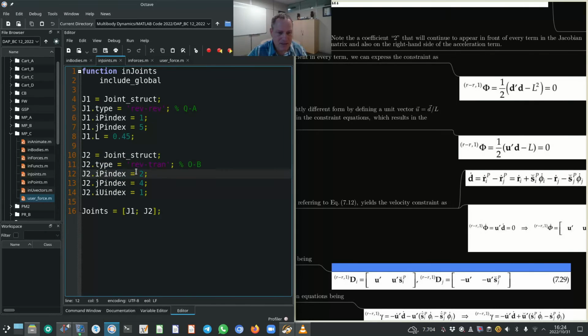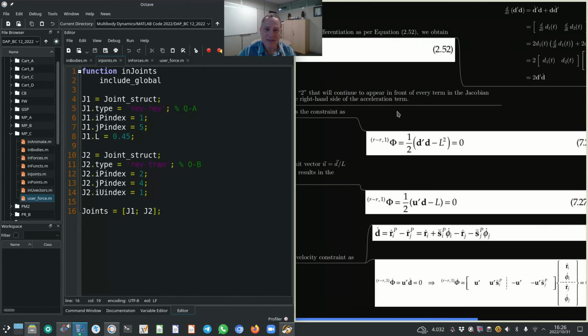Here you can see it's a revolute translational joint. Point P on body I, point P on body J, those 2 points are specified. With those 2 points known, we have the vector SPI.